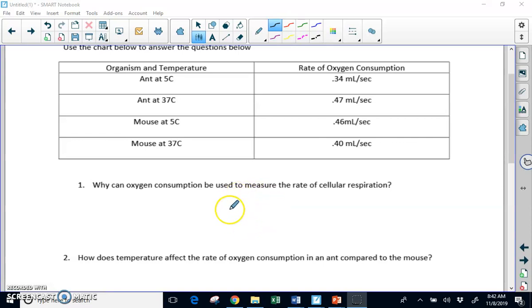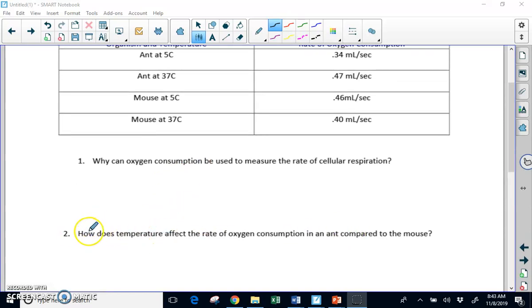When oxygen combines with the electrons, it also combines with some H+ in the matrix to make water. But why we can use oxygen consumption as a measure of the rate of respiration is that it is used up as cellular respiration occurs. So the more that's used up, the faster the rate of respiration.